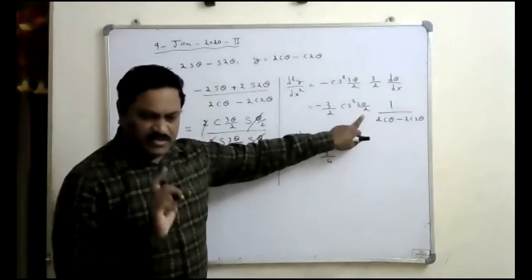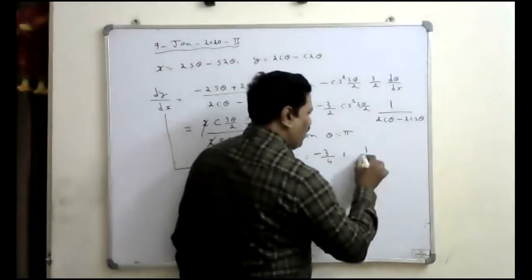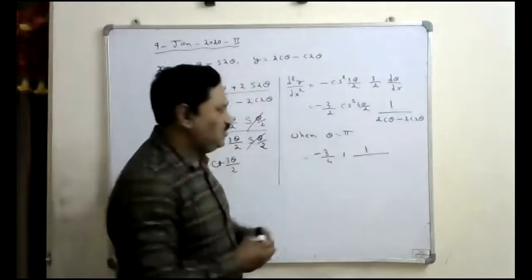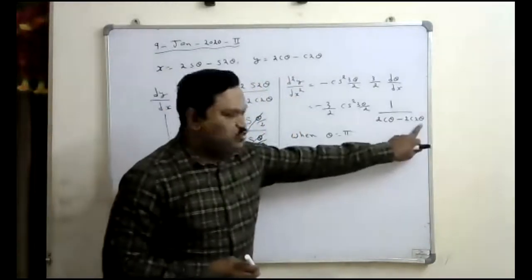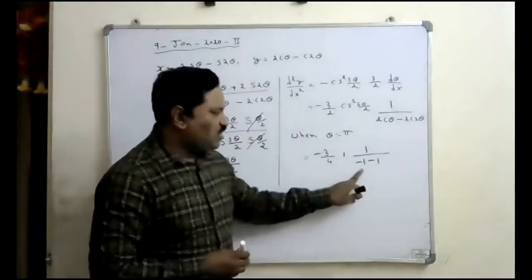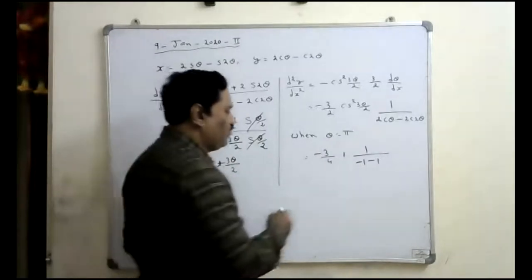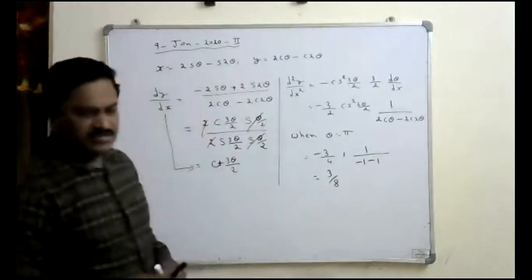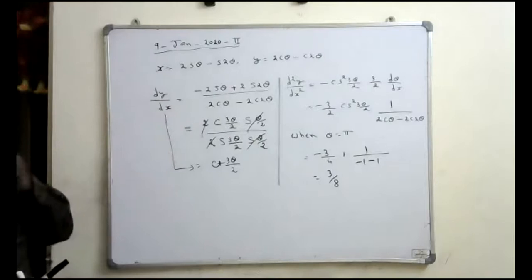Cosecant 3 pi by 2 is minus 1, whole square means 1, into 1 by, substitute the pi here, cos pi is minus 1, so the 2 I already have taken common, minus cos 2 pi, which is plus 1, so it is 1. So minus 1, minus 1, minus 2, so minus minus gets cancelled, 4 2s are 8 in the denominator, so its answer is 3 by 8. This is the answer. So we can observe that it is an easy problem, but the only thing is that we should know the calculations.